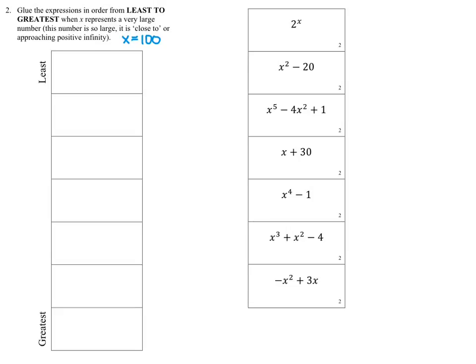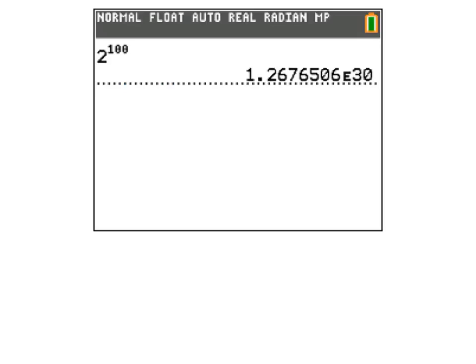With 2 to the x, if I do 2 to the 100 and plug it into my calculator, it looks kind of funny. If I don't look closely, it looks like it's just 1.26. However, at the very end there's this E30.